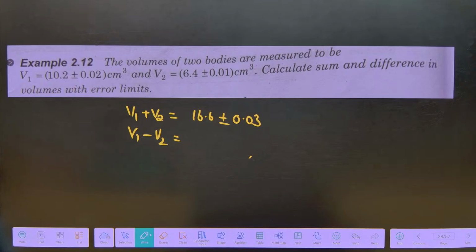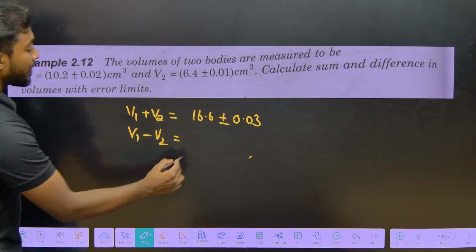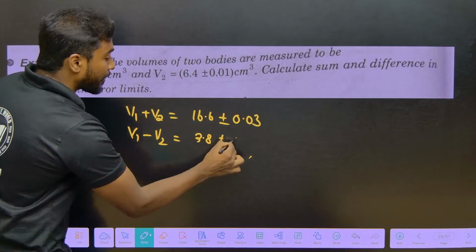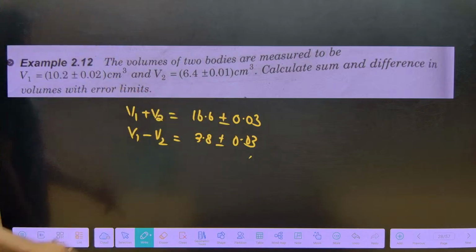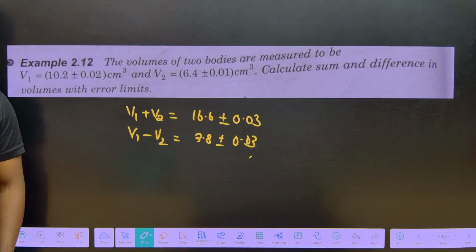Check it. 3.8 plus or minus 0.03, and I should add the errors. Any doubt here? We'll continue with multiplication and division in the next class.